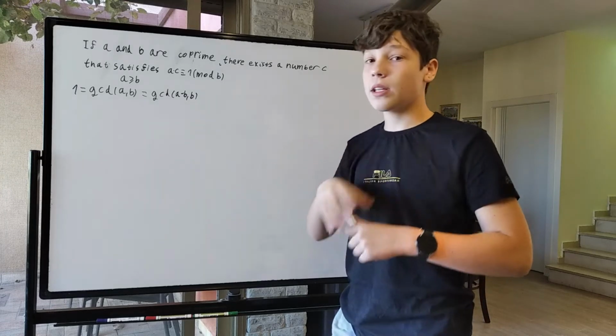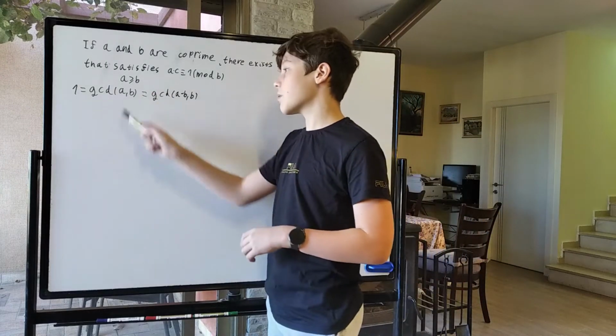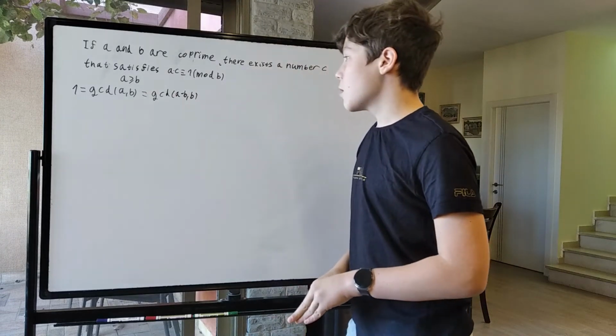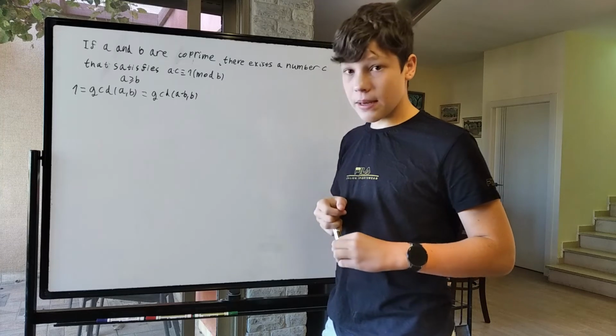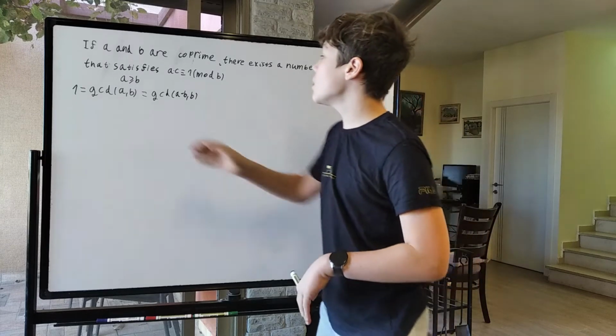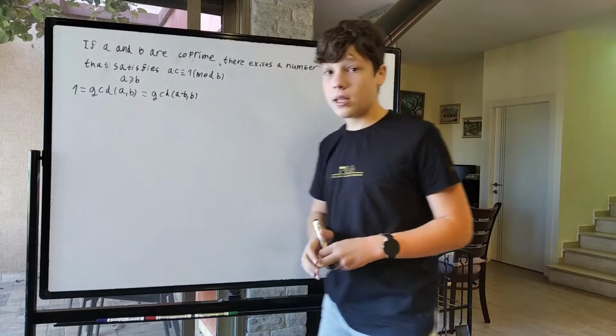And then we'll be able to find the GCD of the original numbers. And now, in our case, when A and B are co-prime, we know that this GCD is equal to 1.